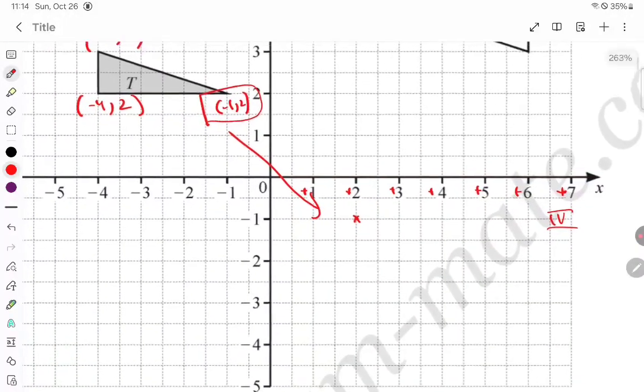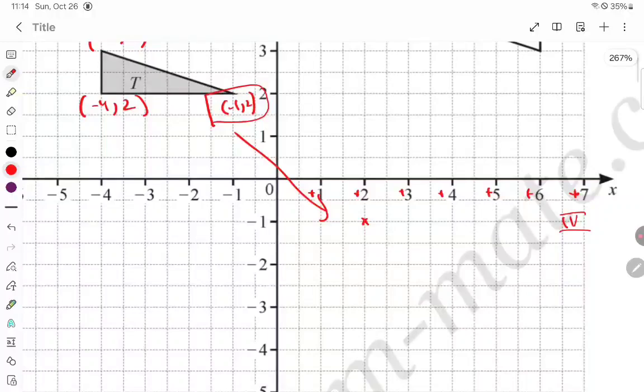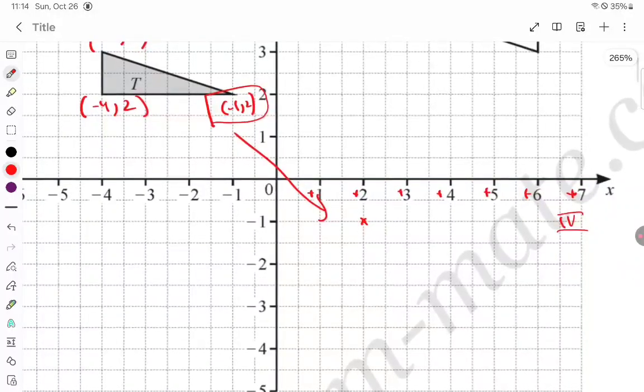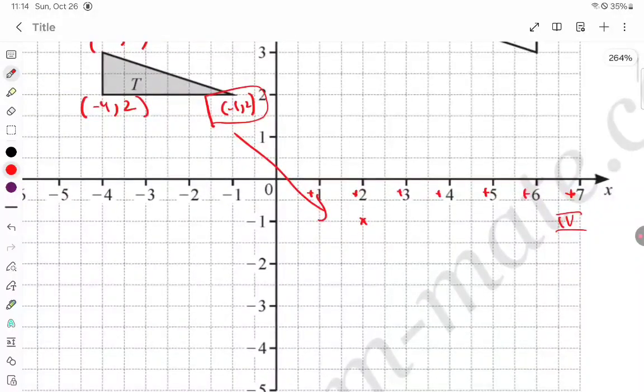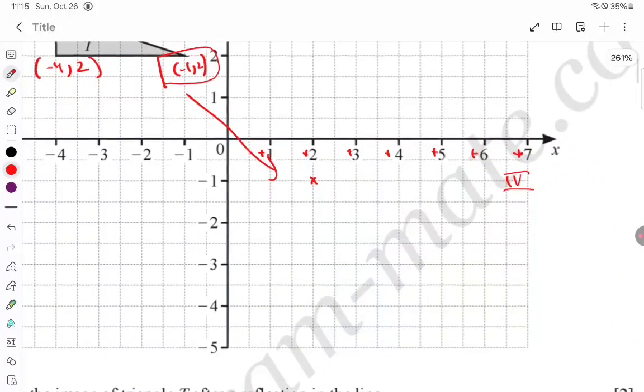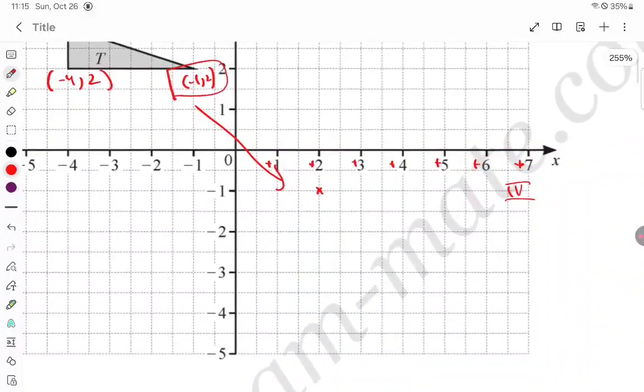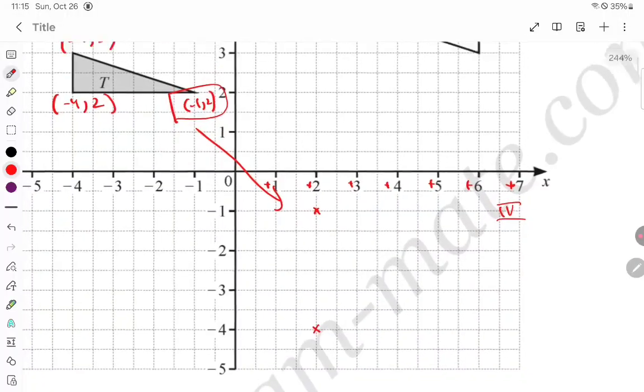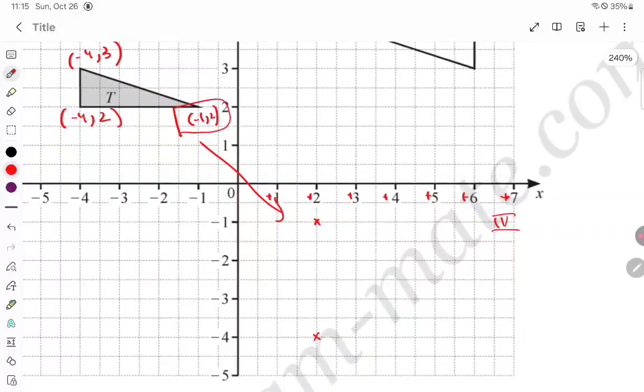The second point, negative 4 comma 2, will become 2 comma negative 4, as the y remains negative, and negative 4 comma 3 will become 3 comma negative 4.